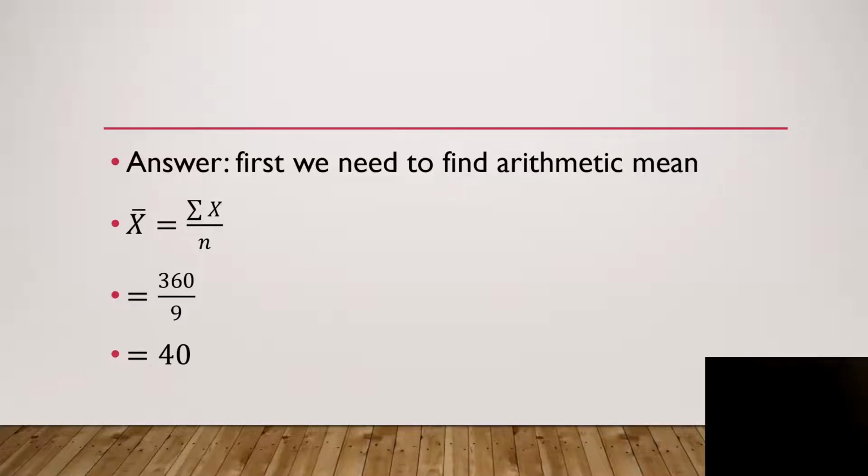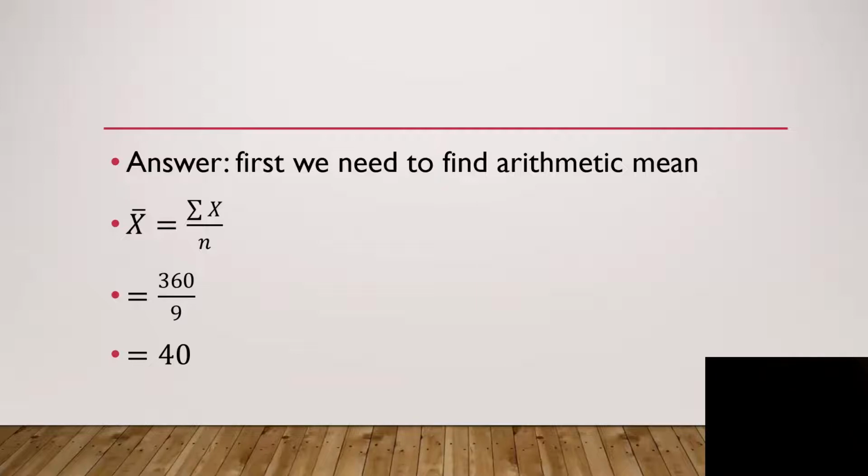We sum up all the observations, that is the marks of all 9 students, which gives a sum of 360. The total number of observations is 9. So 360 divided by 9 gives us 40.